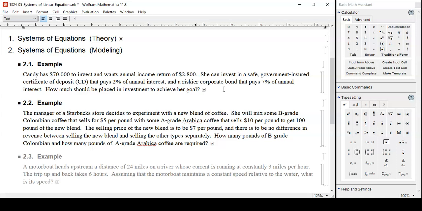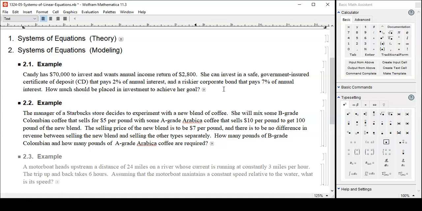Sorry about that. Candy has $70,000 to invest and wants an annual income return of $2,800. She can invest in a safe, government-insured certificate of deposit that pays 2% annual interest and a riskier corporate bond that pays 7% annual interest.